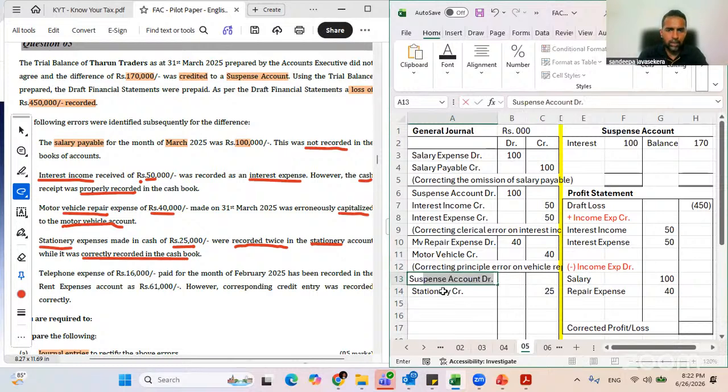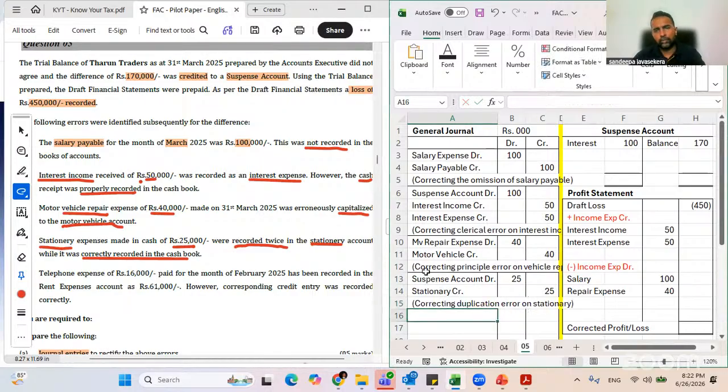So it's a suspense account. Suspense account debit 25. Correcting duplication error on stationery.